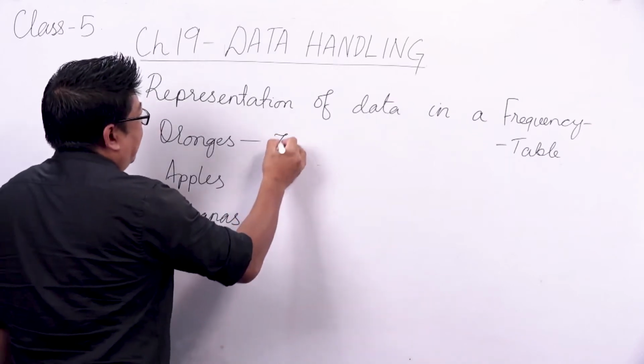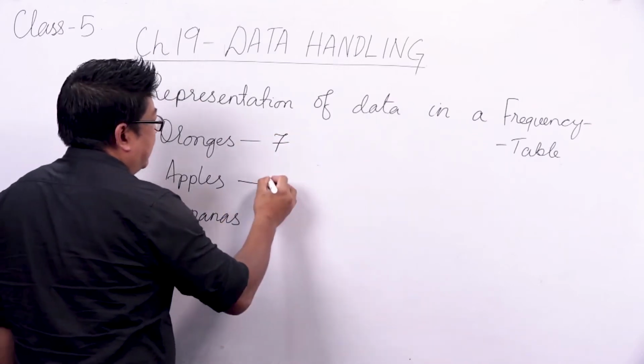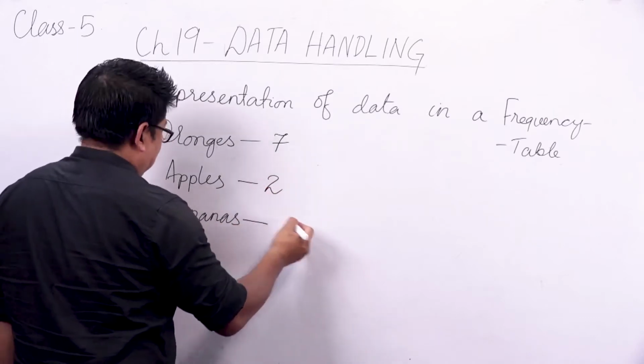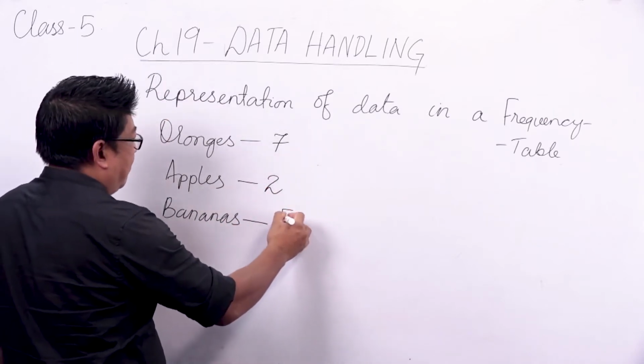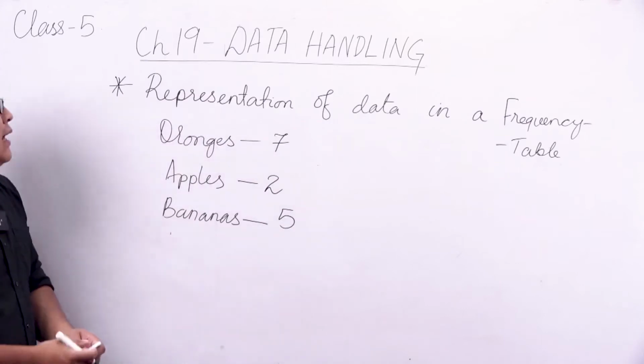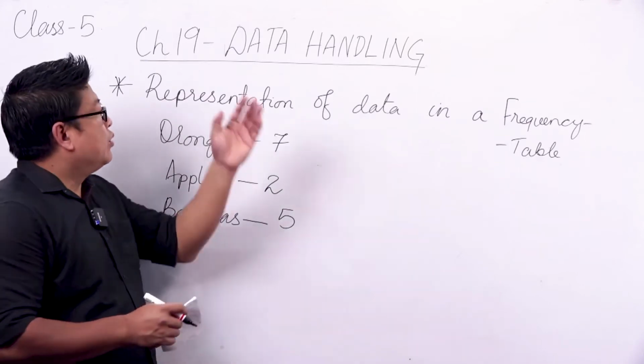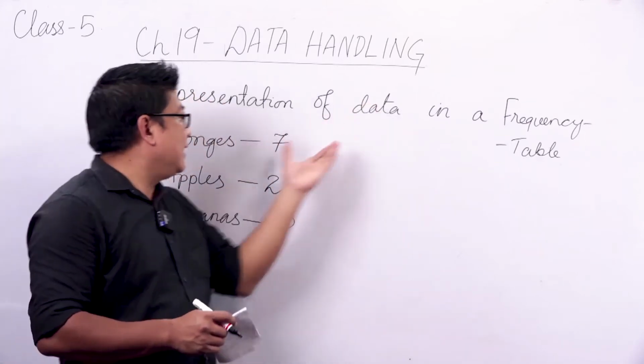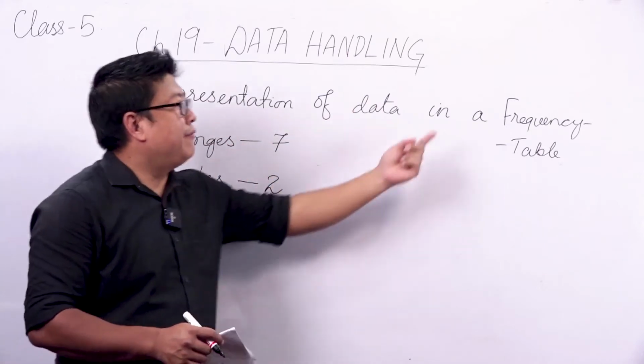Let's assume there are 7 oranges, 2 apples, and 5 bananas. The question here is to represent this data in a frequency table.